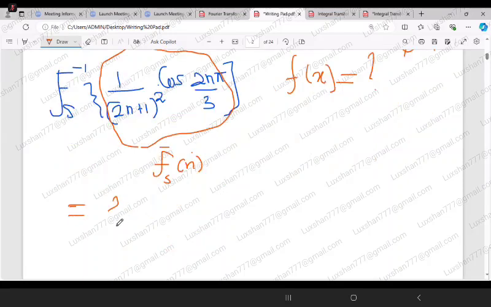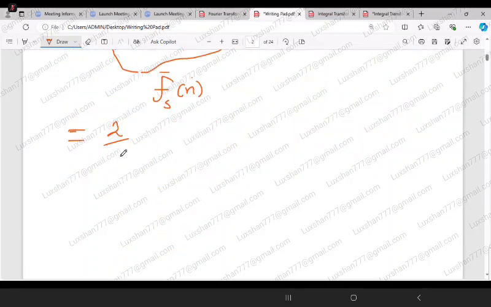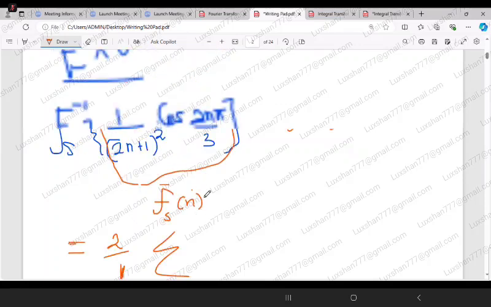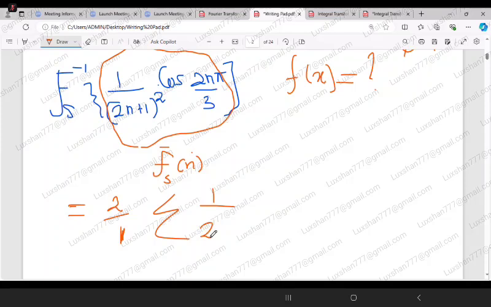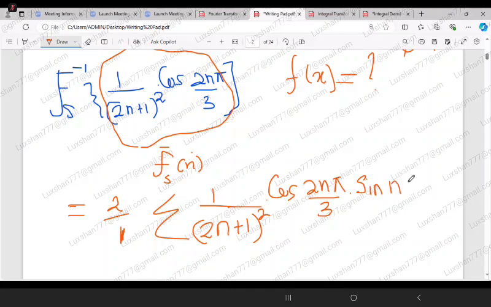Therefore, 2 over L, so 2 over 1, since L is equal to 1. So 2 over 1 into the summation of this f bar s of n, that is 1 over (2n plus 1) all squared into cos 2n pi by 3 into sine n pi x over L, because it is the sine transform.